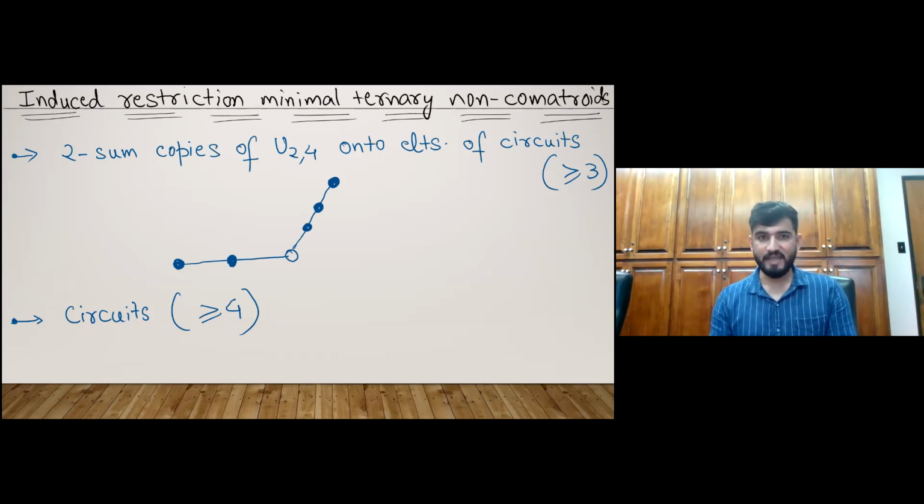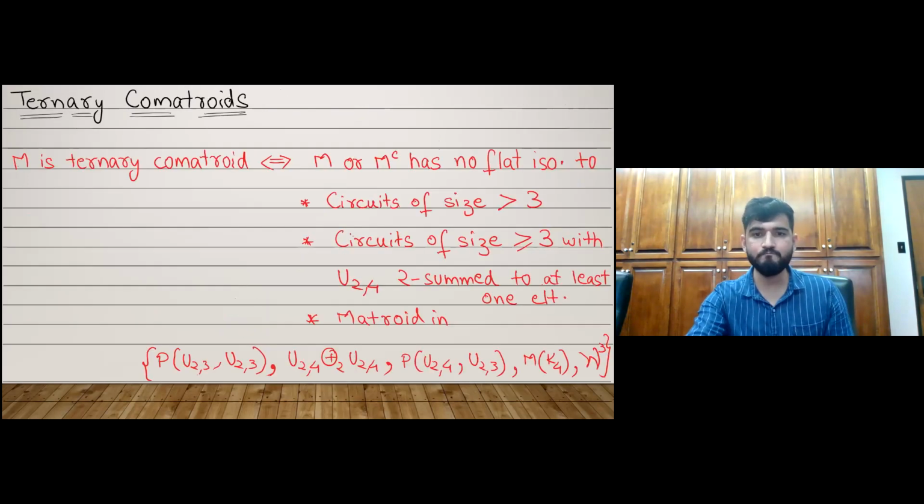Circuits again are examples. And not just circuits, but if you take a circuit and on some of the elements of the circuit, you do some copies of U24, that also is an example. And it turns out that there are not many other than these.